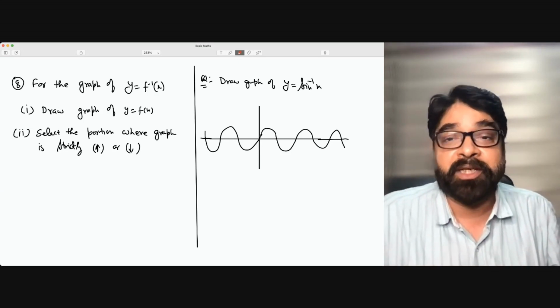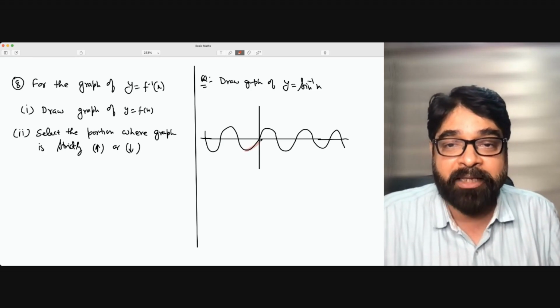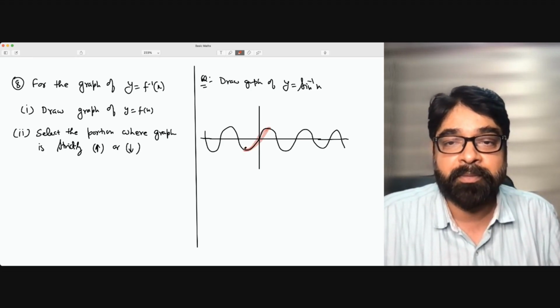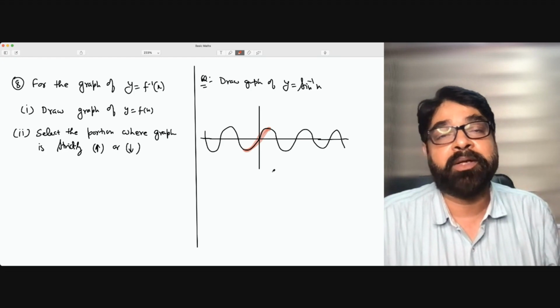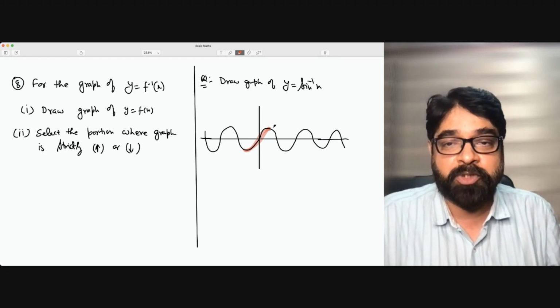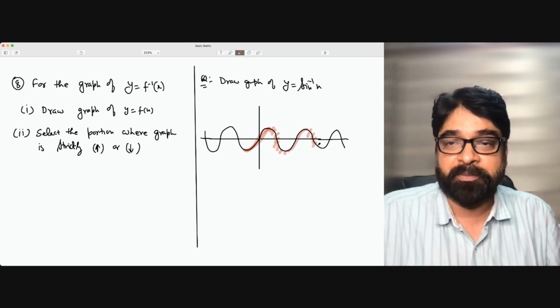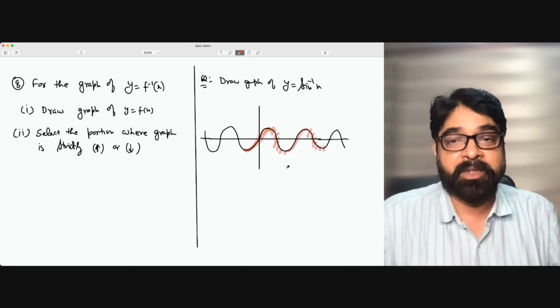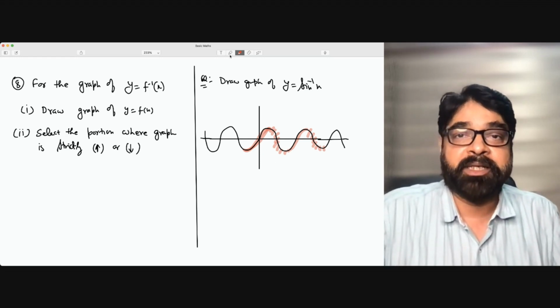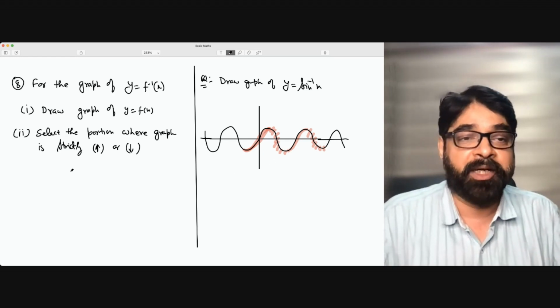So where the graph is strictly increasing or strictly decreasing, either this portion here, minus pi by 2 to pi by 2, or this portion, or this portion. So more than one portion is coming strictly increasing.